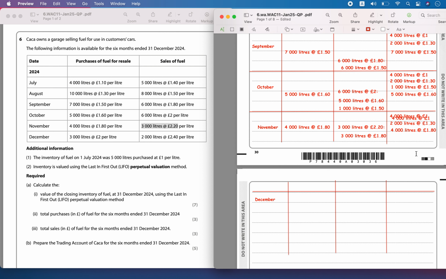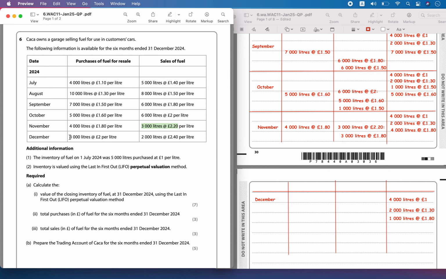I will still have 4,000 at 1, and then 2,000 liters at 1.30, and I have issued from the 4,000 liters, so I'll be left with 1,000 liters at 1.80.